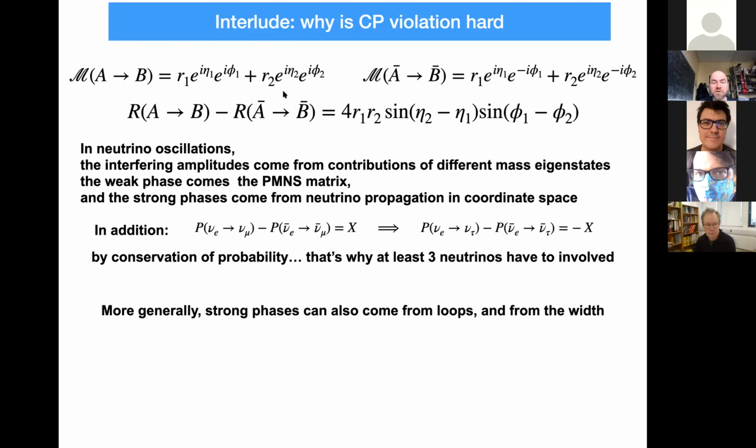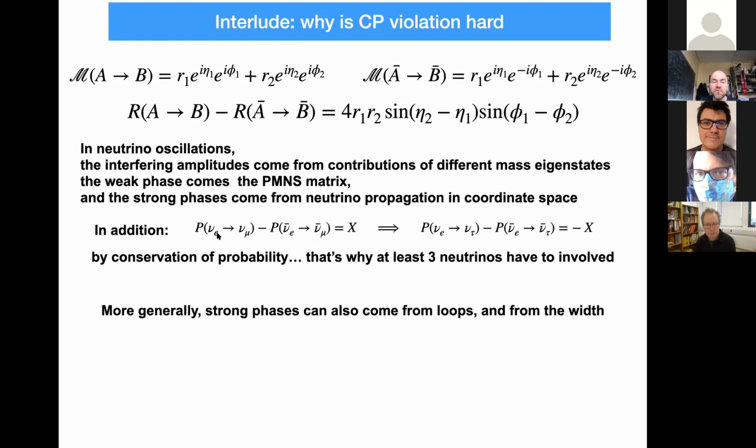There is one more condition that has to be satisfied, that I told you, that is related to the fact that the widths of a particle and an antiparticle have to be the same. Or in the language of neutrino oscillation, this is the same as saying that the probabilities of oscillations have to add up to 1.